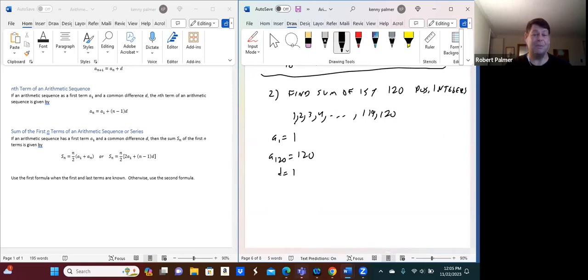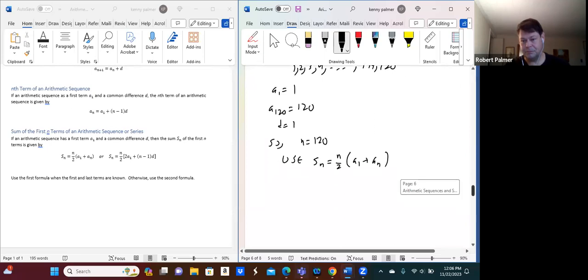Okay. So what we can do then is use this formula right here. And actually, we didn't have to know d, but that's easy to find. In fact, technically, we can use either one. Let's use this formula. So here, n is going to be 120. So S of n is equal to n over 2 times (a1 plus an).